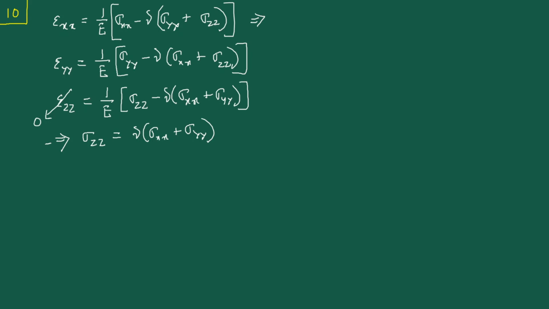So let's use this here to see what we get. Epsilon xx is equal to 1 by E. When you substitute sigma zz with this, what we have here is sigma xx minus nu sigma yy plus nu sigma xx plus nu sigma yy.